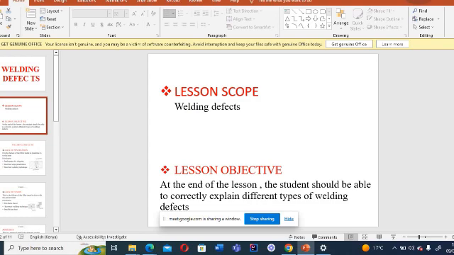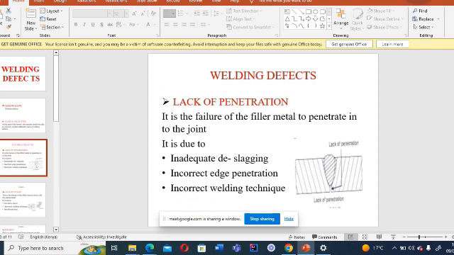So going straight to our main objective, the first welding defect that we can see during welding and fabrication is the lack of penetration. This lack of penetration is actually the failure of the filler metal to penetrate the joint.